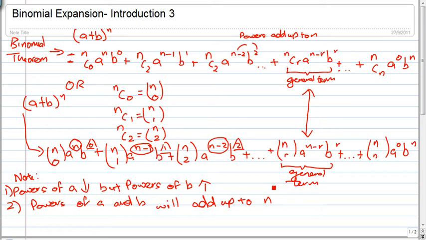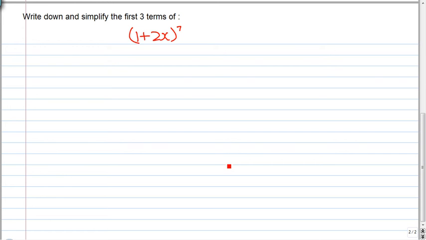Alright, so let us try one question. Really simple question that we have here. Just as an example, write down and simplify the first three terms of 1 plus 2x to the power of 7. So let me just write this here, 1 plus 2x to the power of 7.